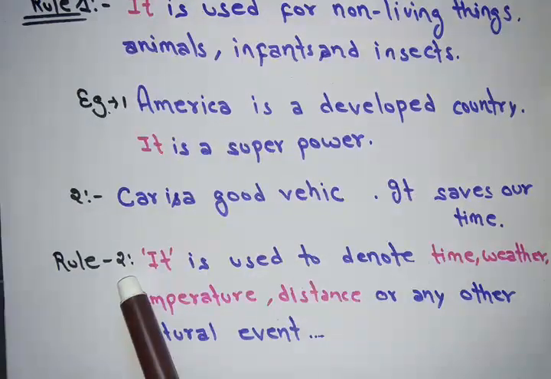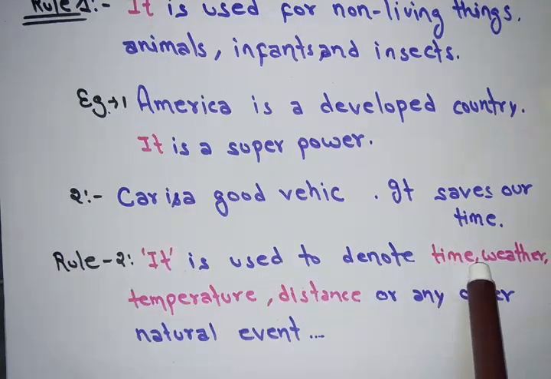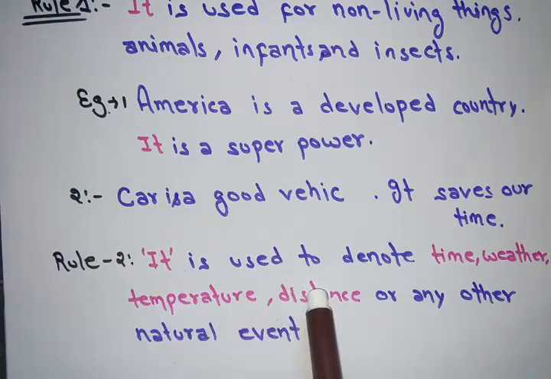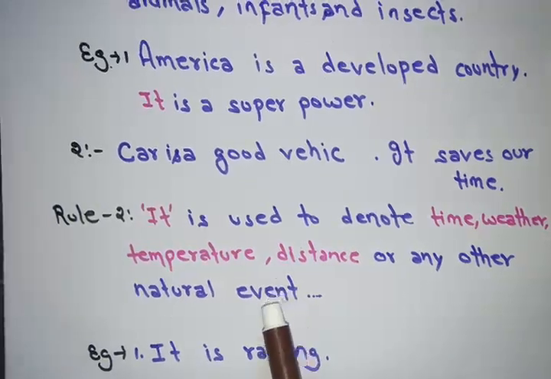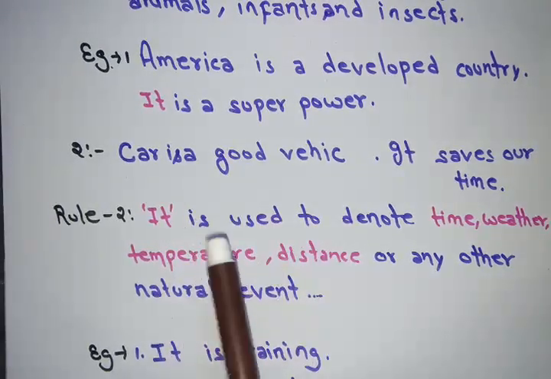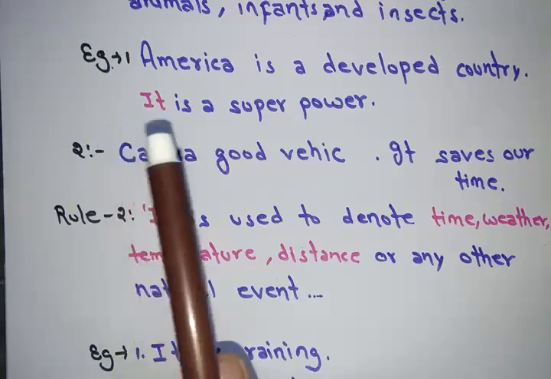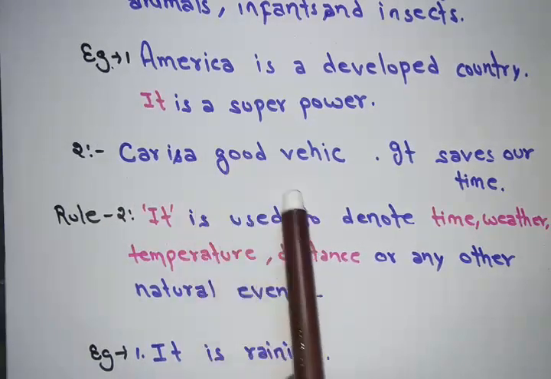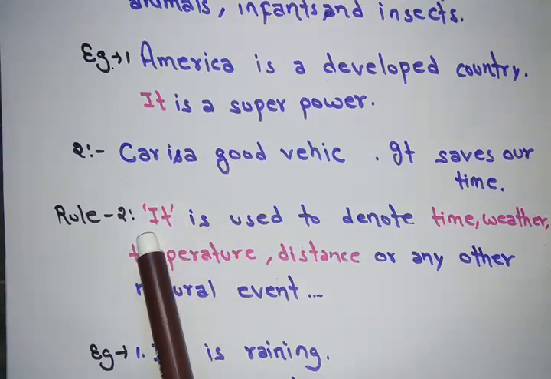And the second rule: "it" is used to denote time, weather, temperature, distance, or any other natural event. It is used only as an introductory subject. In this case it is called empty "it", as it has no meaning here.